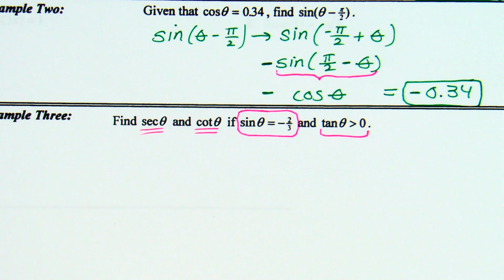Any thoughts of directions you might want to go? Okay, a Pythagorean identity of some sort? What Pythagorean identity do you guys want to use? I see points of both of them.